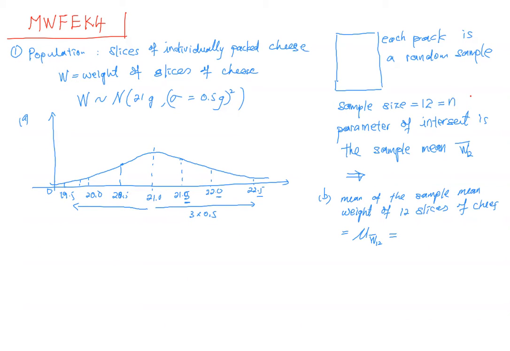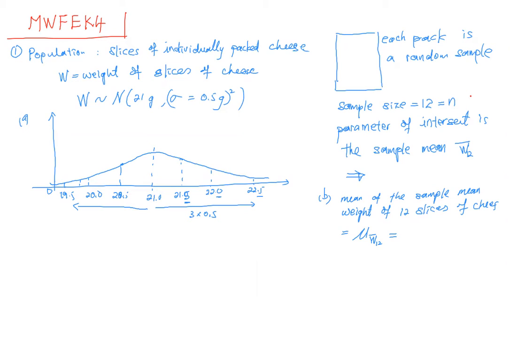Do you know central limit theorem, Ashley? Yes. So you tell me, what does central limit theorem tell you about the mean of the sample mean? Mikia, it is not 12. I told you 12 is the sample size. The mean of the sample mean is equal to the population mean.